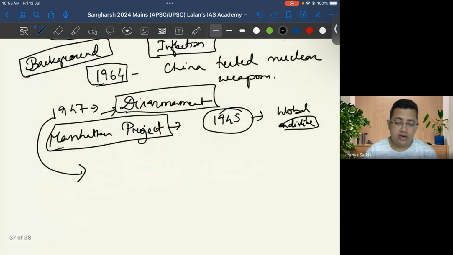So having said that, although our stand was idealistic, by 1964 and before that, what happened? The 1962 war. China was our enemy, and in 64 they had the weapons.